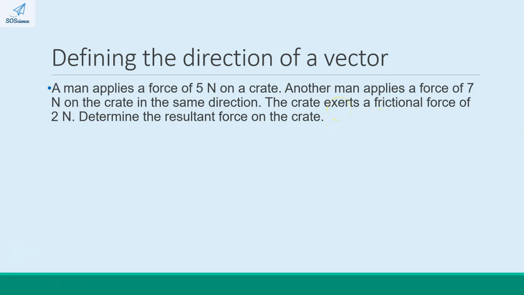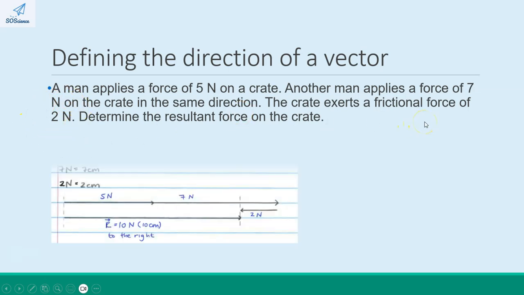You weren't told if the force that the men apply is to the left or to the right, so it doesn't really matter. You get to pick, provided that the 5 Newton force and the 7 Newton force are applied in the same direction, and then the frictional force is applied in the opposite direction.